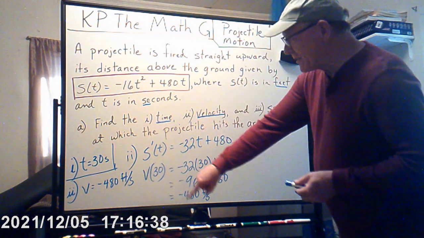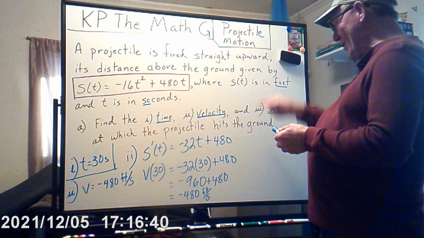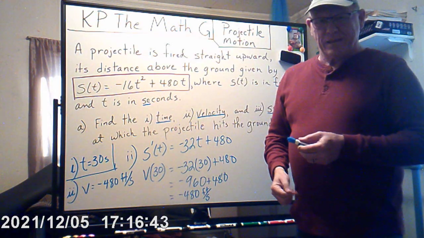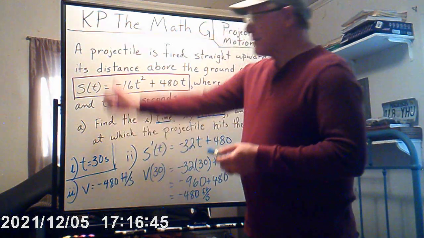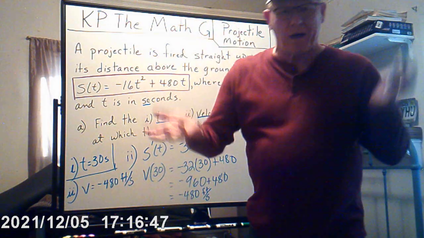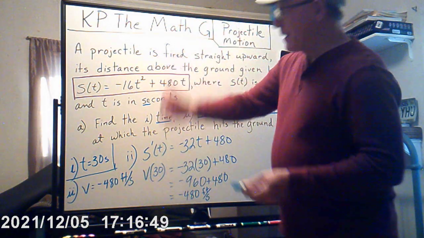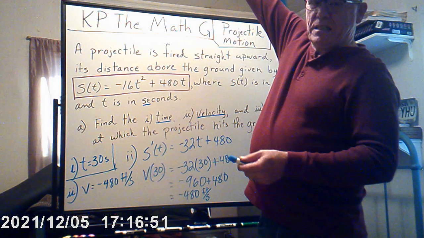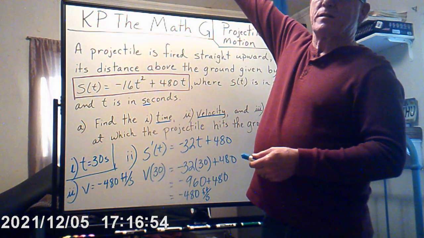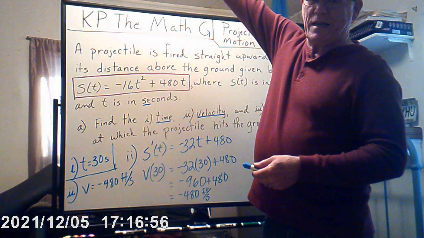Why is the velocity negative, you ask? Well, because the projectile is on its way down. As long as the projectile is going upward, the velocity is positive. When it gets to the top, the velocity is 0. That's where we might say a vertex is, or a maximum is.